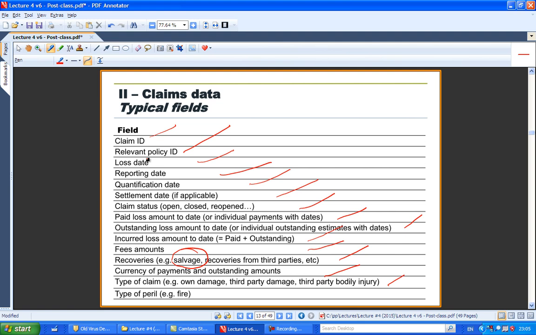For example, by a car insurance policy, you can have all these different types plus others. Finally, the type of peril that has caused the loss. For example, a fire, a flood, in the case of property damage, or an earthquake. Moving on.